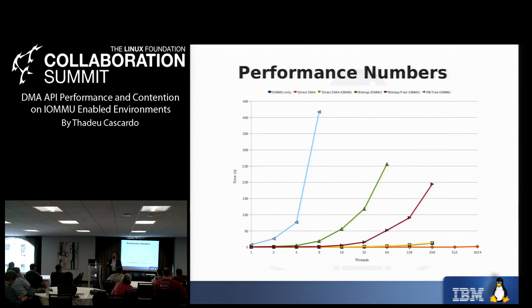I called DMA map 1,000 times, then DMA unmap 1,000 times, and then I repeated that 1,000 times. So I had about 1,000 mappings at once, and then I repeated that 1,000 times.